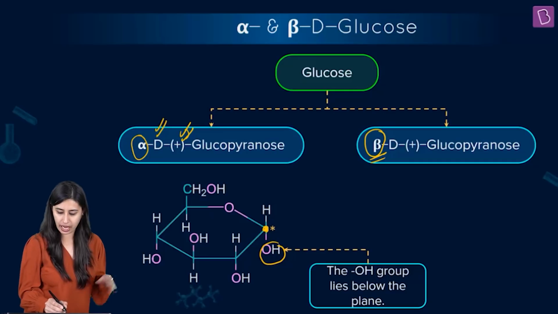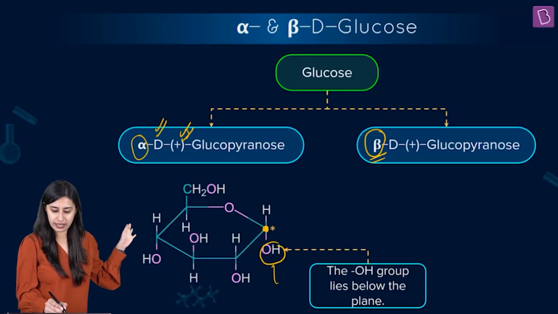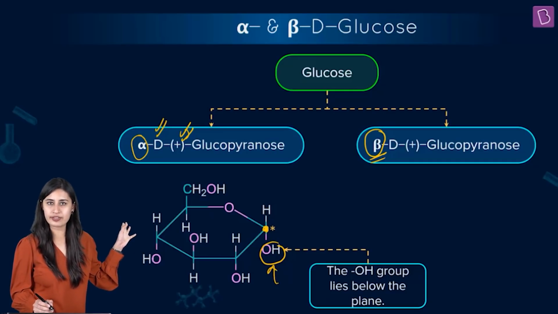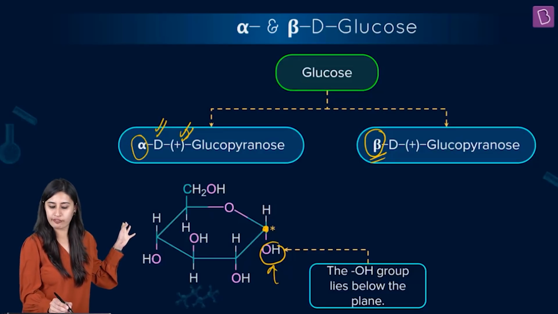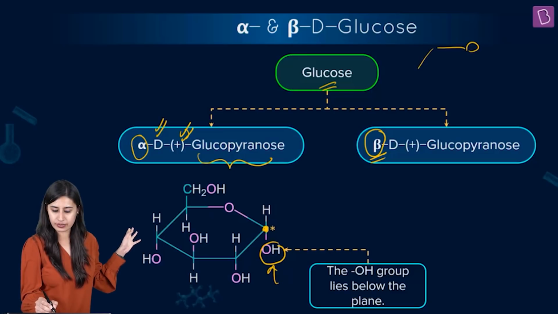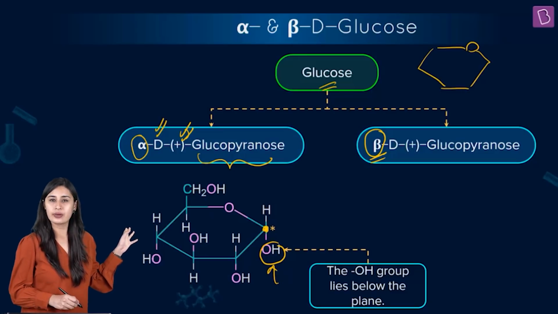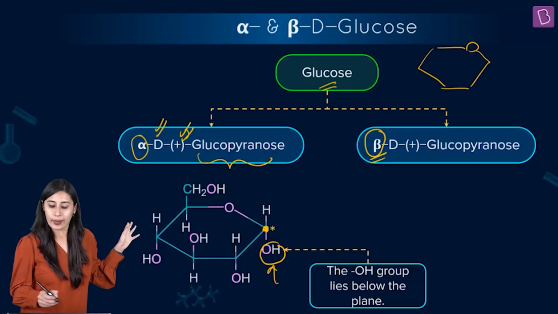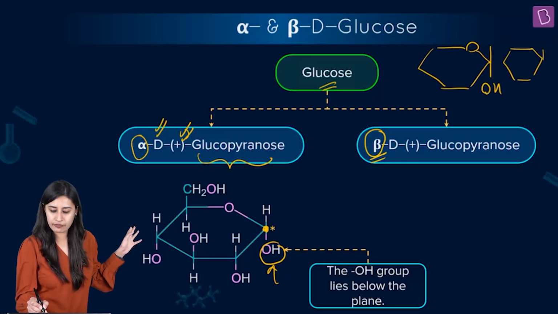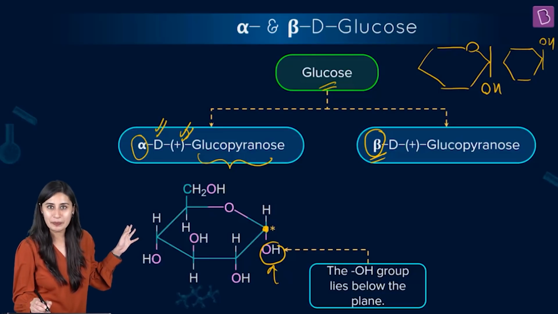These are the anomeric carbons. And alpha and beta, again, when we have this kind of a cyclic structure of this glucopyranose ring, this is the pyranose ring that we are talking about, right? OH, if it is below, we are using alpha, and OH, if it is above, we are using beta.